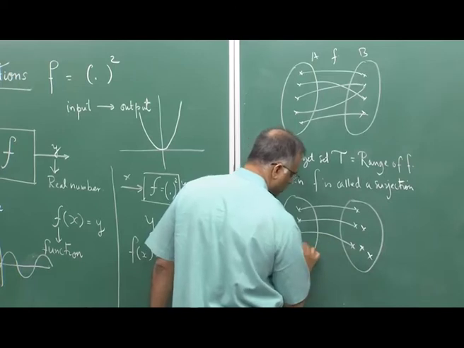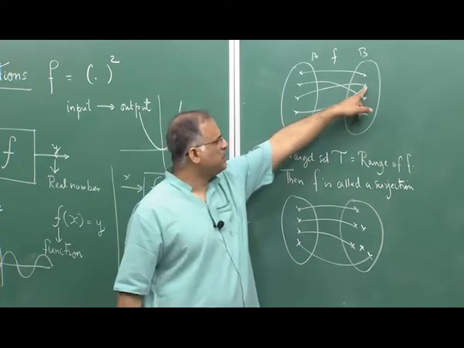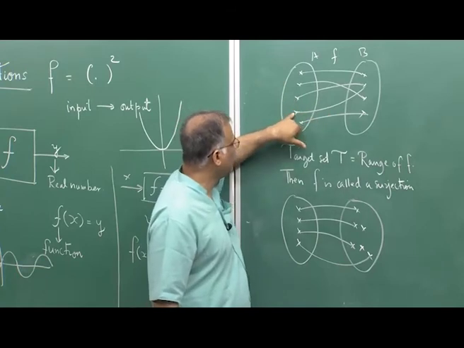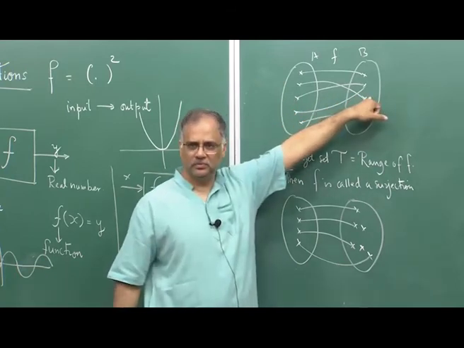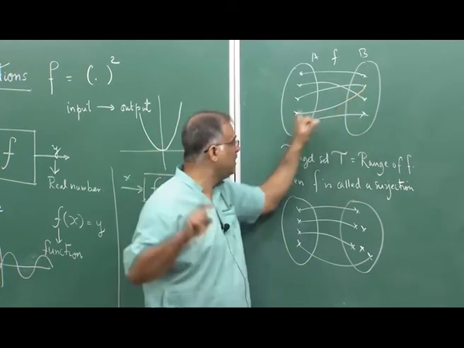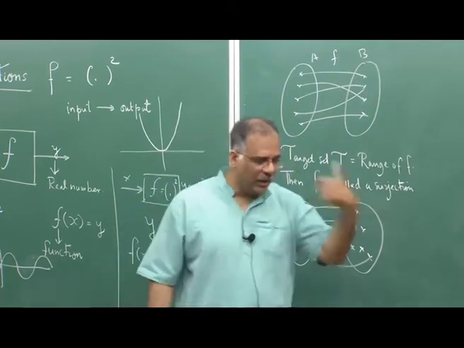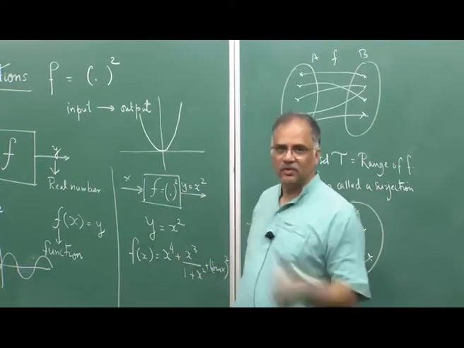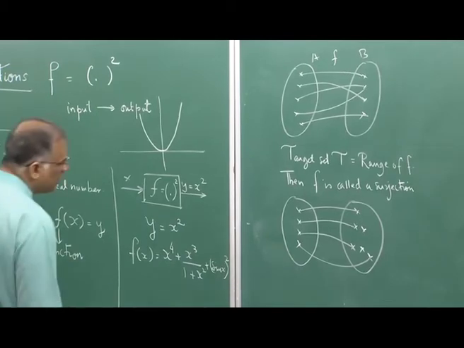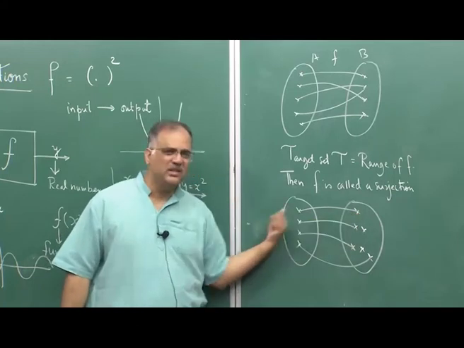So, here you see what is happening here: two different inputs are giving the same output. Remember, this is giving this unique output, this is giving this unique output, but for example, -2 and +2, if you put in this function will give you the same output 4. So, here what you see is that corresponding to every y, there is a unique x to which it is linked.